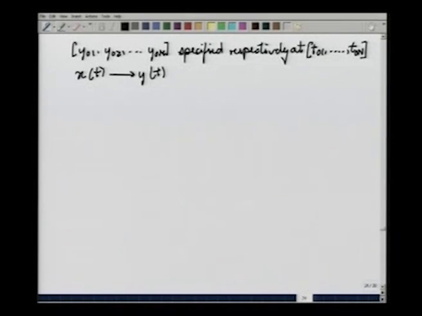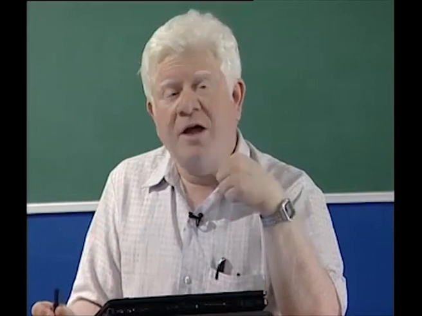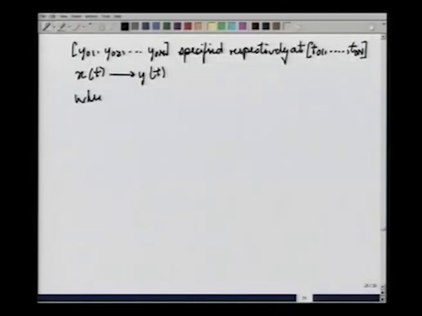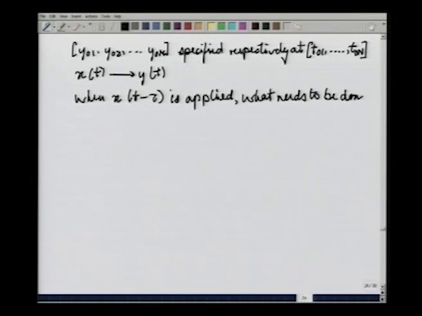The question we have to ask is, what do we need to do to ensure that when x(t minus tau) is applied, instead of x(t), the output is y(t minus tau)?